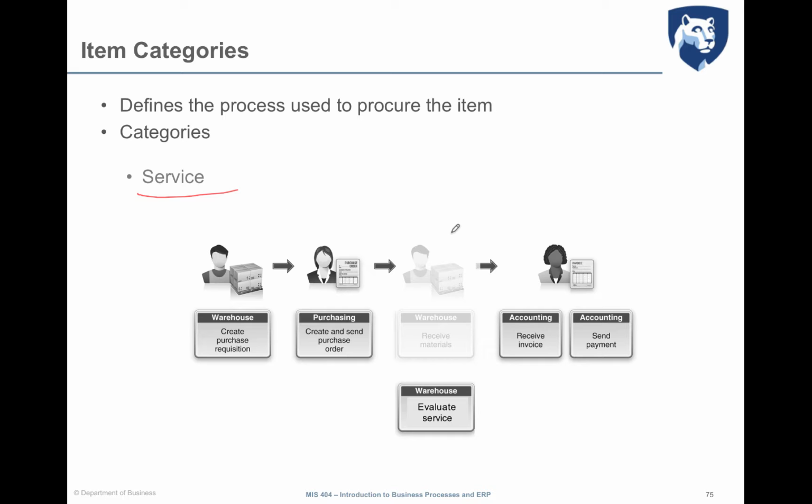Of course, in this case, we won't have the phase of material reception because we are dealing with something intangible. Instead, in order to verify that the service is okay, we should include a mechanism or some rules to record the performance of the service received. What we usually have in companies is what we call a service sheet, where we evaluate the quality of the service that has been received, and then the other phases are the same.